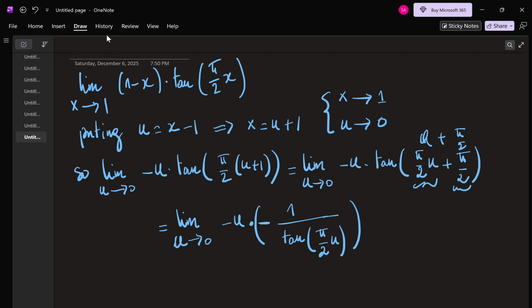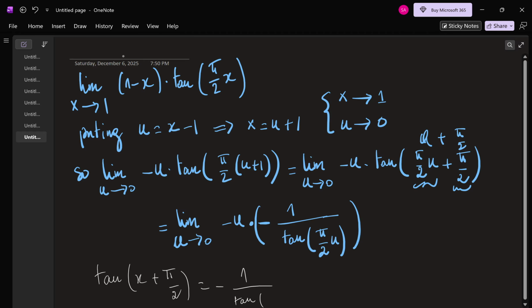Why do we have this? This is simply because the tangent of any number x plus pi over 2, this is a rule, is equal to minus 1 over tangent of x.